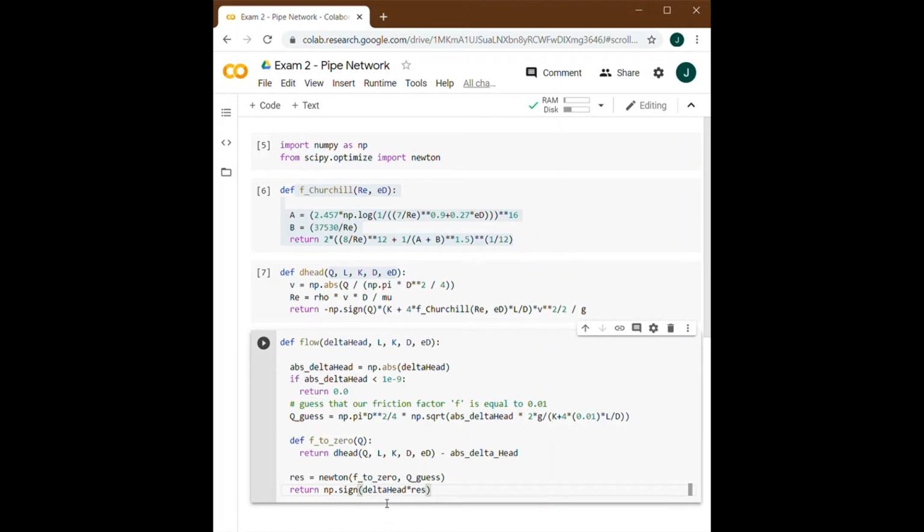So we're going to multiply our delta head times the result of this function, which will give us our friction factor and our flow rate. Knowing that, we're going to run that. All right, no syntax errors.